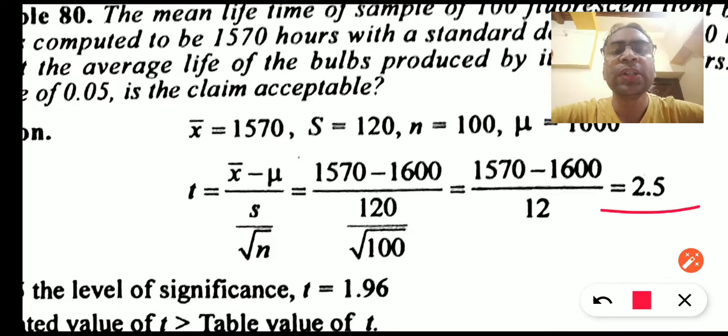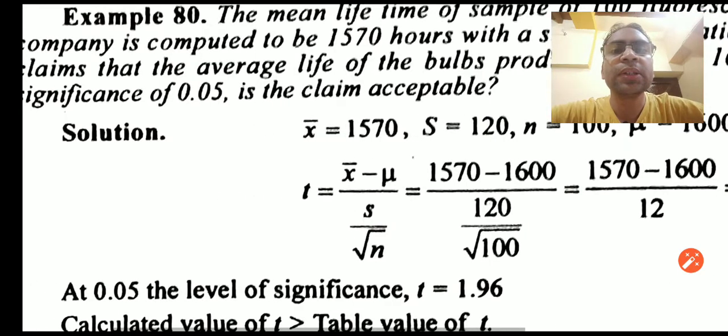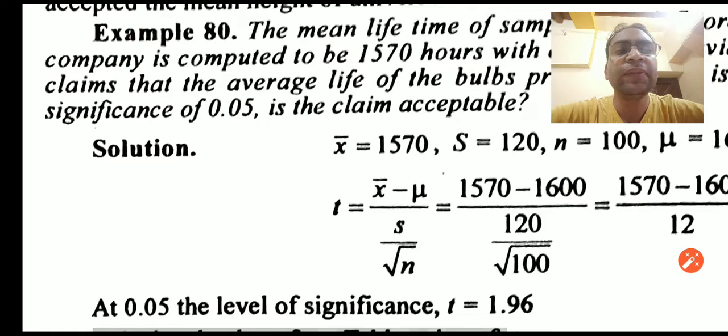Now the question is, where is the standard value of t? They have not given any standard value of t. If you remember in the previous lecture, whenever we had started the discussion of t distribution, we had seen two standard values, one at 5% level of significance, that is at 0.05 level of significance, and one at 1% level of significance.